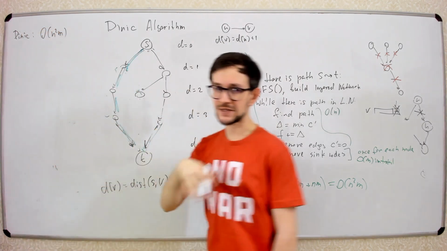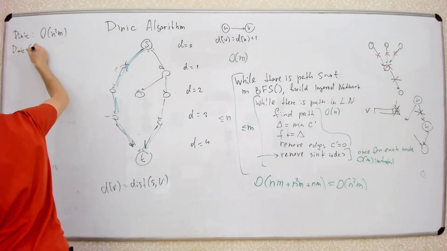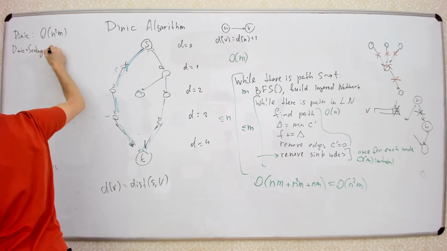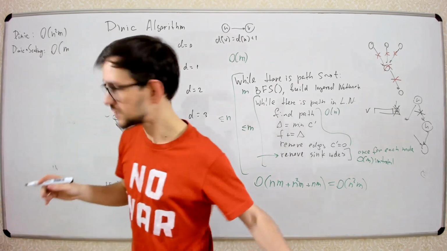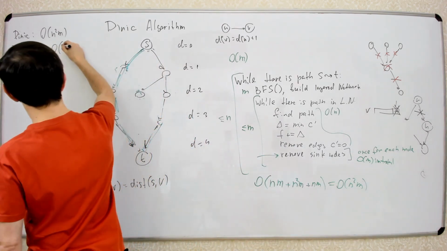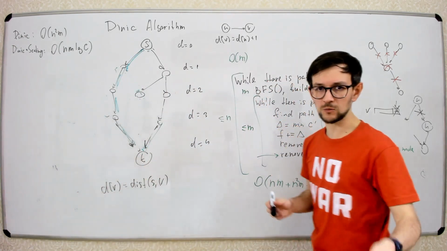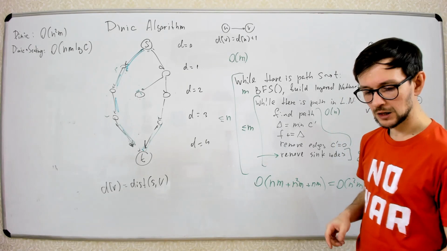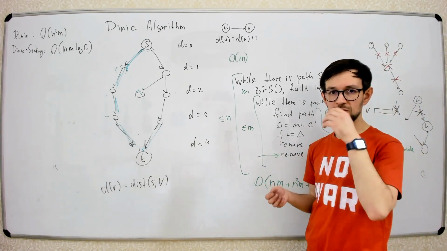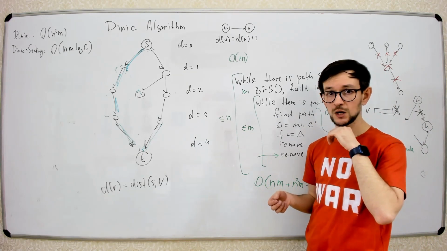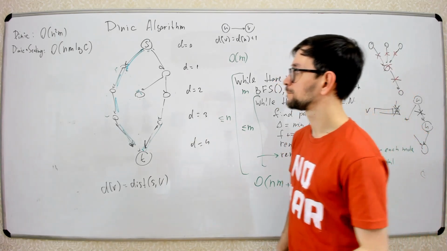So if you add scaling, you will have nm, in the same order, and m log C. So one of these n will be changed with log C. Again, the same trick: you decrease the power of 2 and you try to find the path of capacity at least 2 to the power of k. If you do it like this, then the total complexity will be like this. Good.